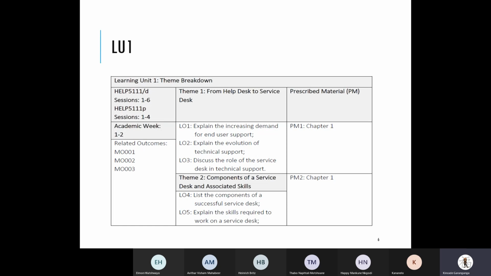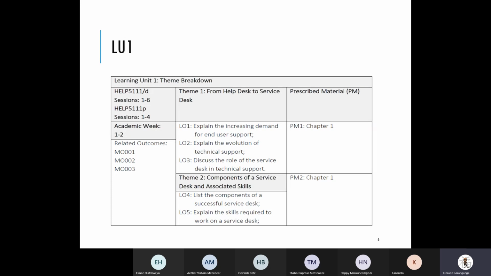The first theme is from help desk to service desk, explaining the increasing demand for end user support within the ICT space, identifying the evolution of technical support, and looking at the role of the service desk in technical support.